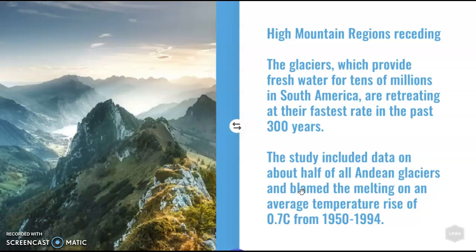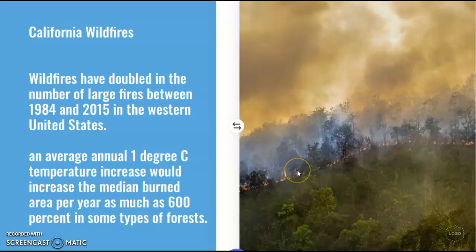So, the second example of a regional is the California wildfires. This second example of how climate is affecting the landscape on a regional scale is the wildfires in the western United States. Climate change is a key factor in increasing the risk and extent of wildfires in the western United States.